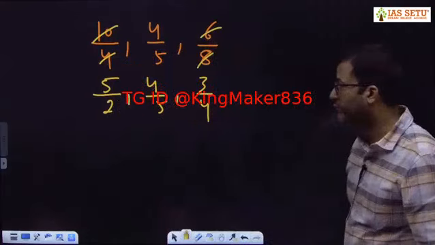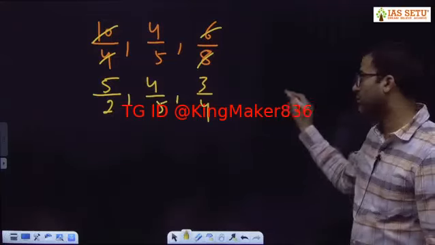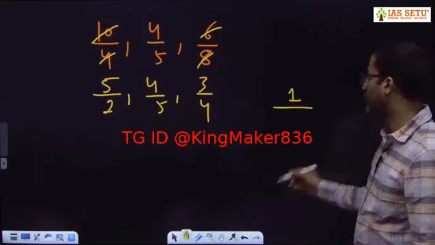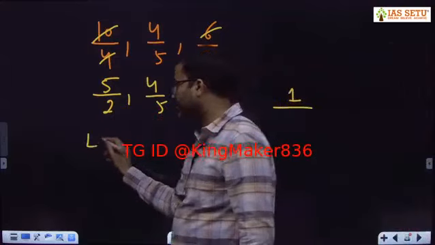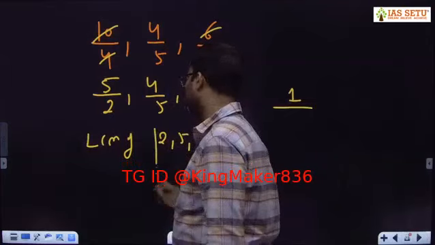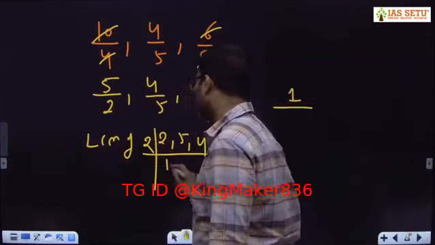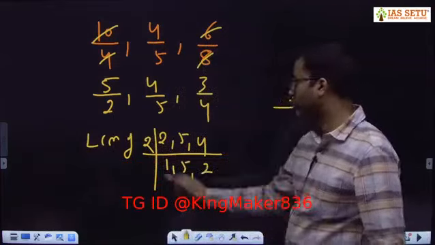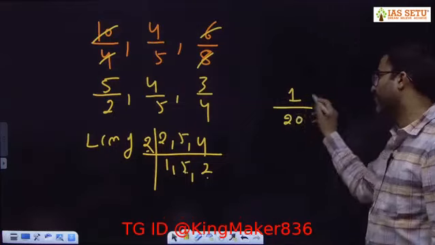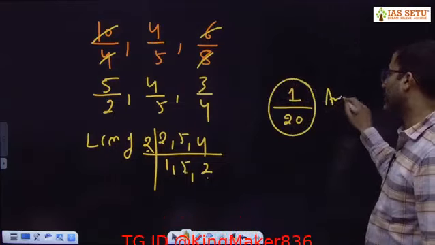What is HCF of 5, 4, 3? 1. What is LCM of 2, 5, 4? LCM of 2, 5, 4. 2 common. 1, 5, 2. 2 into 5, 10. 10 into 2, 20. So it is 1 by 20.